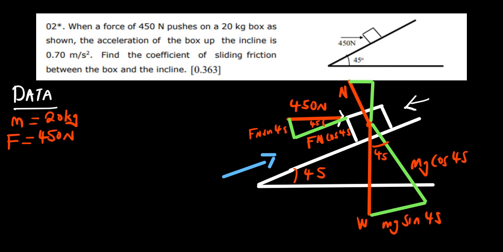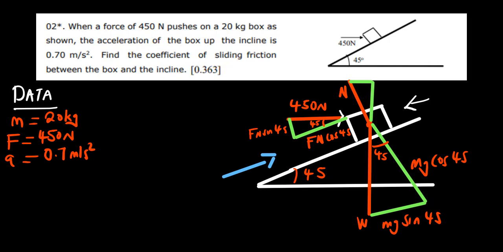Then the acceleration, we are saying an acceleration at an incline of 0.7. So allow me to write 0.7 meters per square second. That is the acceleration. Then we are asked to find the coefficient of sliding friction.